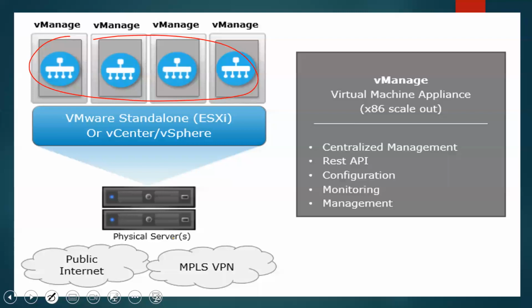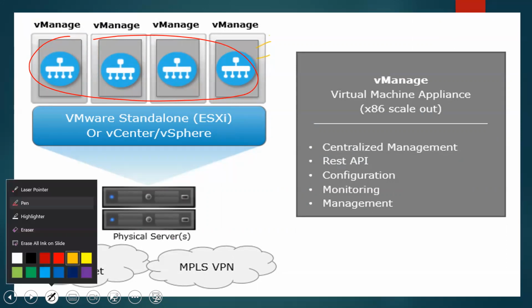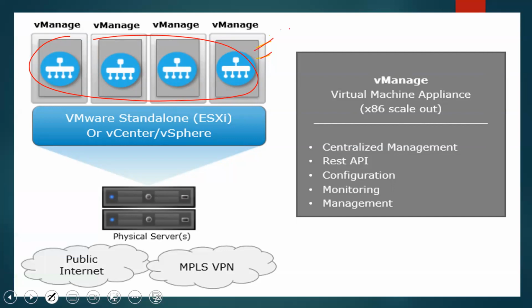Now, if we are talking about high availability criteria, if you go and see Cisco ACI or NSX-T controllers, control plane, or any type of controller, you'll find that one is not enough. And there are some numbers, if we study more about vManage, it will tell that one vManage can hold up to 2000 edge devices.